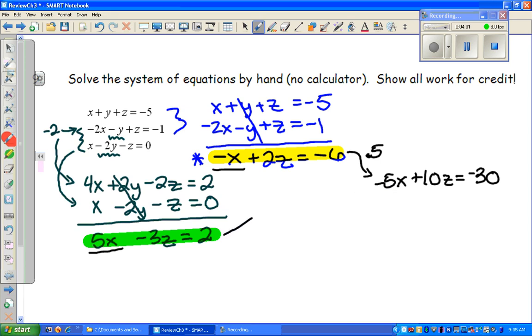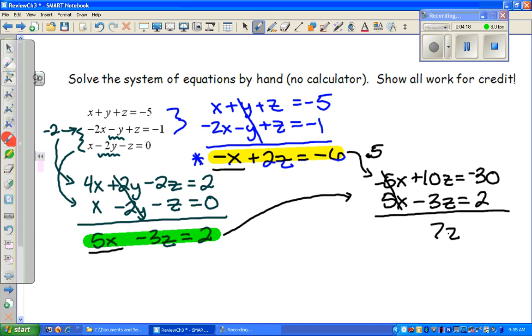Then I'm going to copy the green equation underneath: 5x minus 3z equals 2. And then I need to add those together again. The x's cancel this time. 10 minus 3 is 7z. Negative 30 plus 2 is negative 28. Divide by 7, and I get that z is negative 4.